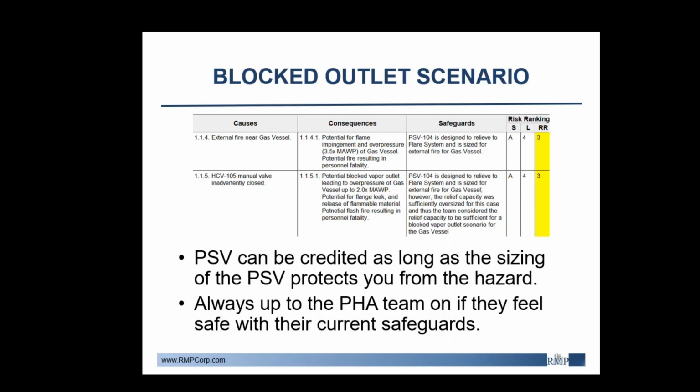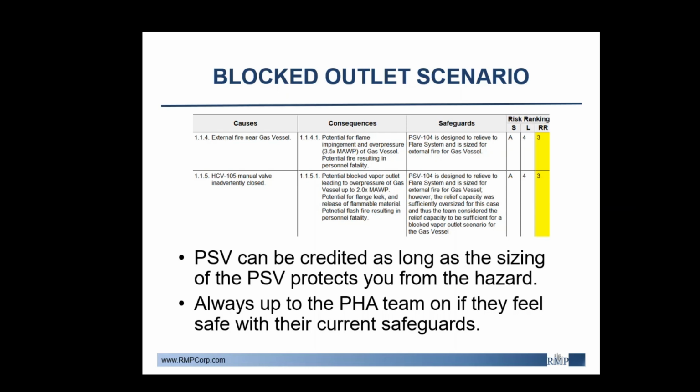So the consequence for this would be potential blocked vapor outlet leading to overpressure of your gas vessel up to 2.0 times MAWP. This will lead to a potential flange leak and a potential release of flammable material, which can then lead to a potential flash fire resulting in a personnel fatality, which would mean this would be risk ranked as an A. So next we would take a look at our safeguards credited, which in this instance was PSV 104, which is designed to relieve to the flare system and is sized for external fire for gas vessel.